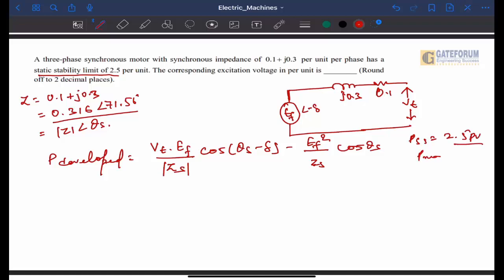It means that it is the maximum power that can be carried by your synchronous motor. So this much power will be developed, and that is the maximum, since it is a static stability limit. Beyond this limit, your synchronous motor will lose stability and will not be able to deliver any mechanical power to your connected system. Hence, this is the maximum power that can be developed across your connected load.